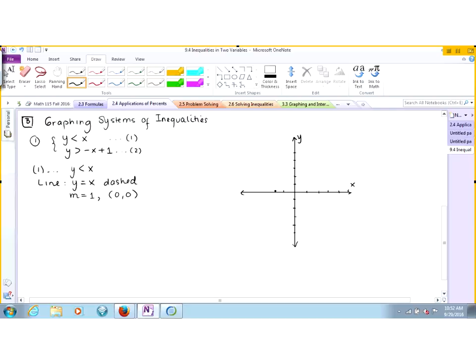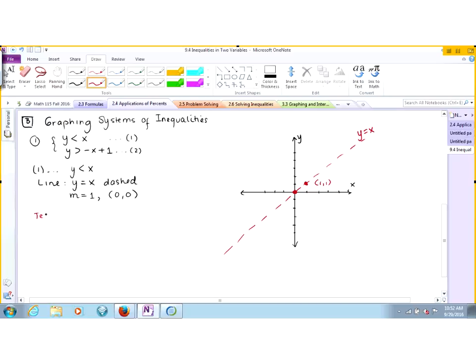Okay. Where do I start graphing? Yes, so 0, 0. So I start here. And the slope is 1, so what do I do? Go up 1, go to the right 1. Okay. So this is my line. So this is the line y equals x. So what I'm labeling is my line, y equals x.